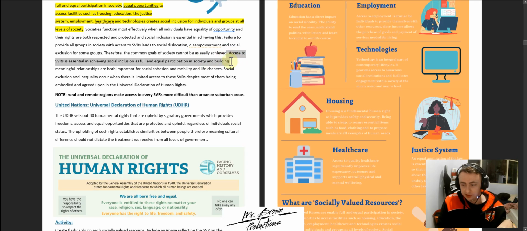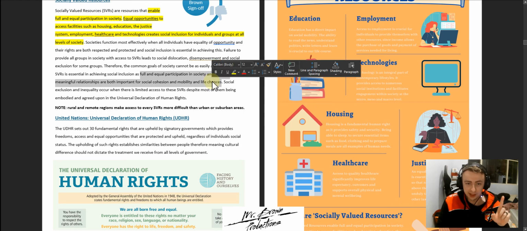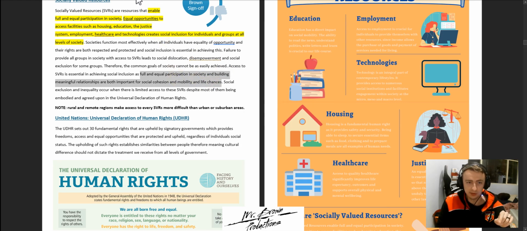Access to SVRs, which is what we're going to call it for short, is essential in achieving social inclusion, as full and equal participation in society and building meaningful relationships are both important for social cohesion and mobility and life chances. So that's a huge dot point.